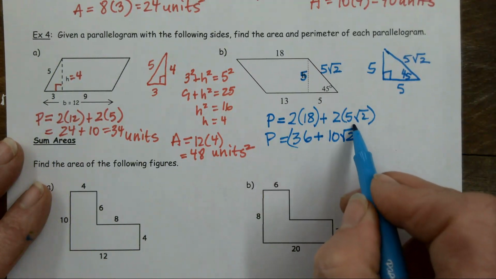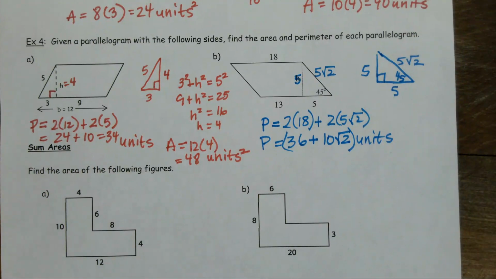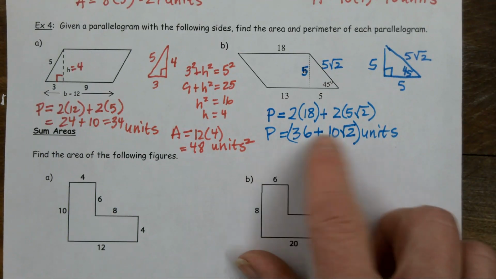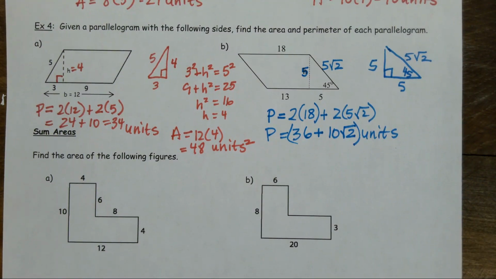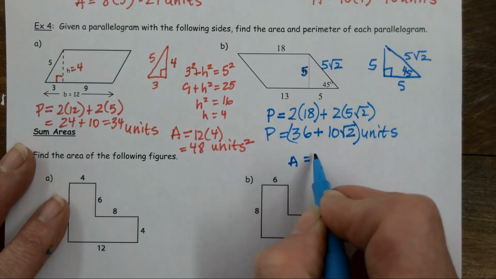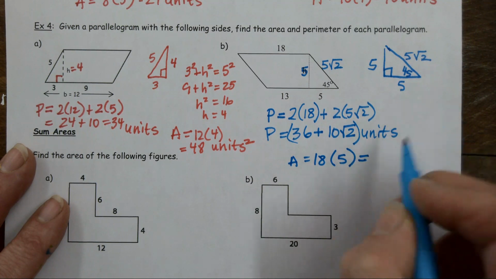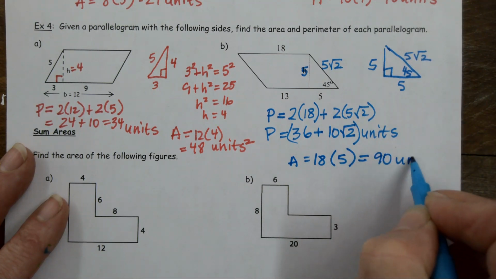That's my full answer. I'll label it with units. Again, a little ugly to look at, but that's the exact answer, and that's the way I want it to stay. Then when I work through area, my area is 18 times 5, or 90 units squared.